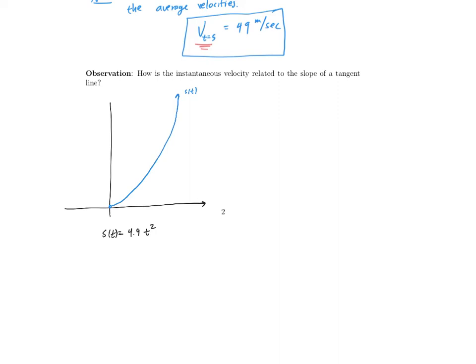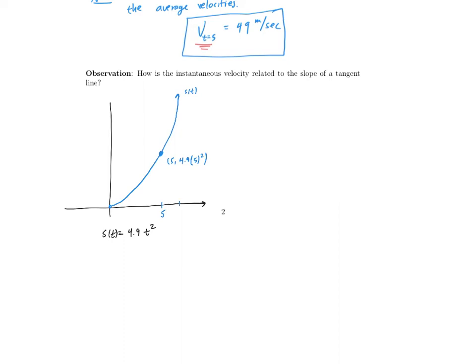If we were to look at a few key points, we were finding the instantaneous velocity at time 5. So on this graph, we have a point corresponding to time 5. So we have 5 comma, and I'm just going to leave it in this unsimplified form. And we were looking at average velocities.